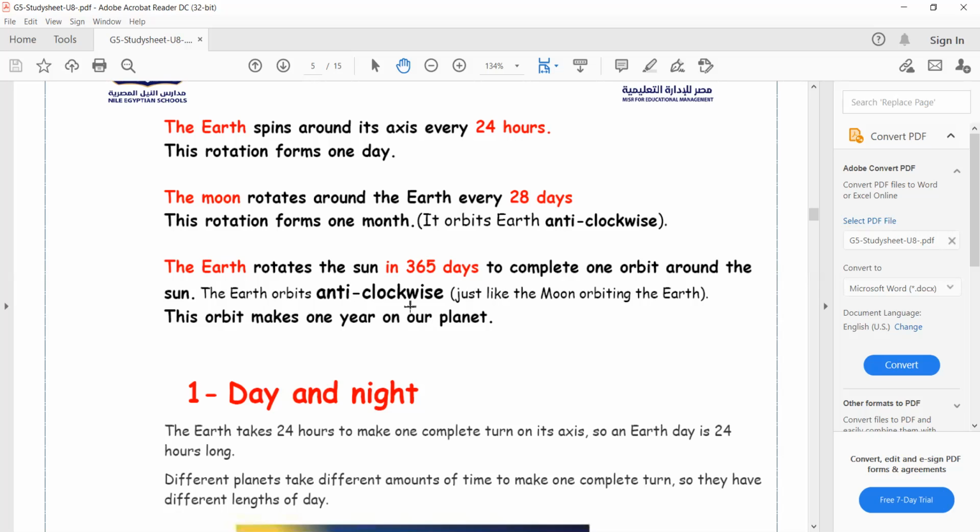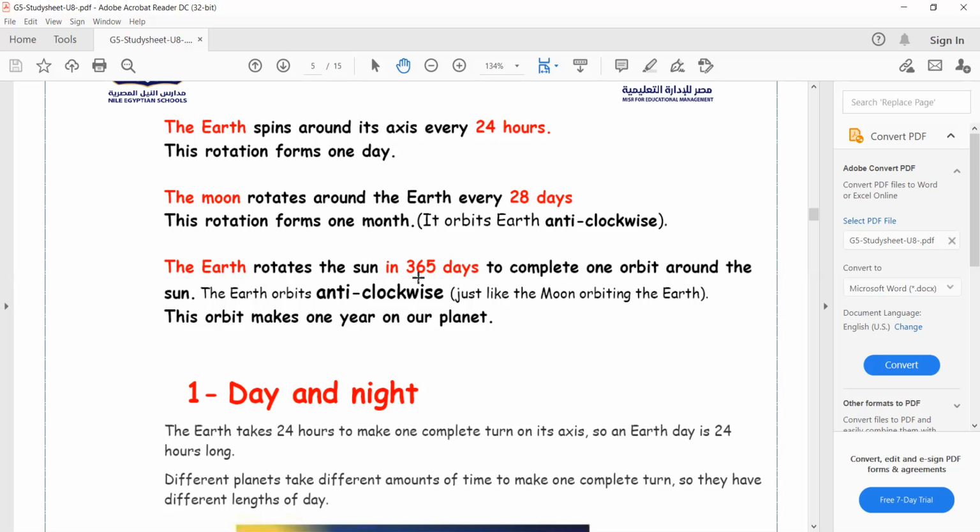So the Earth has two movements. The first movement is that it spins or rotates around its axis, or itself. It takes 24 hours or 1 day. Also, the Earth has another movement, which is the revolution around the sun, or the orbit around the sun.